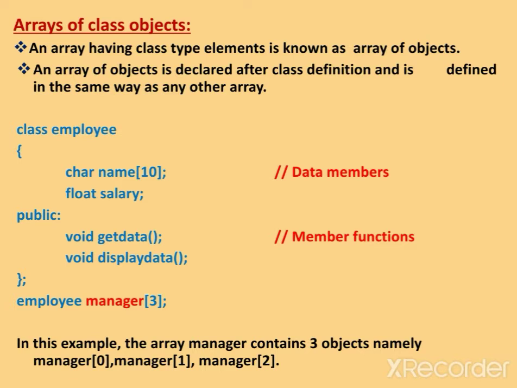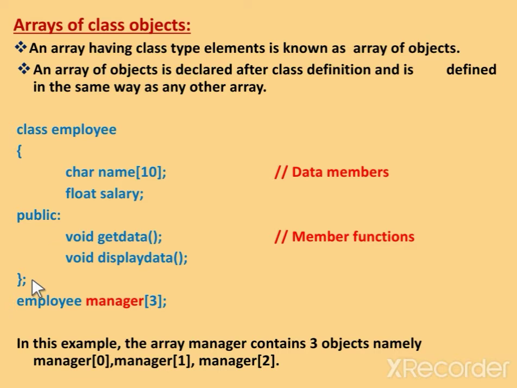These two data members are private by default. As you all know, if no access specifier is mentioned, then by default members are private. Under the public access specifier there are two member functions, getdata and displaydata.